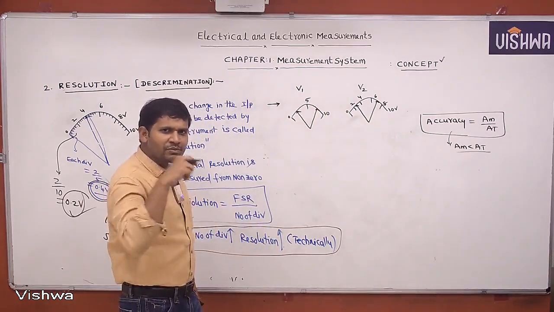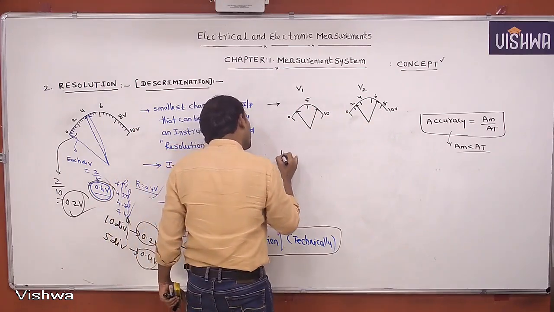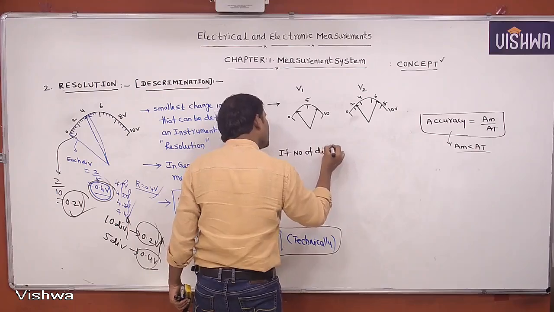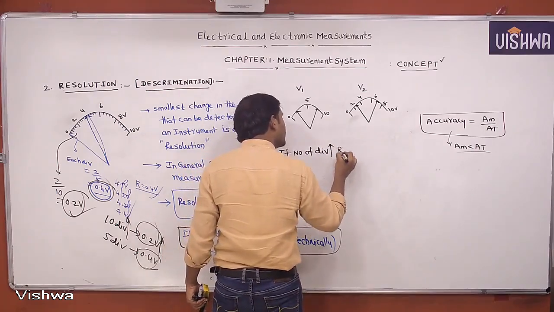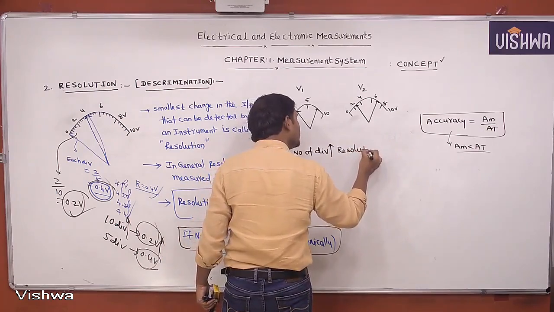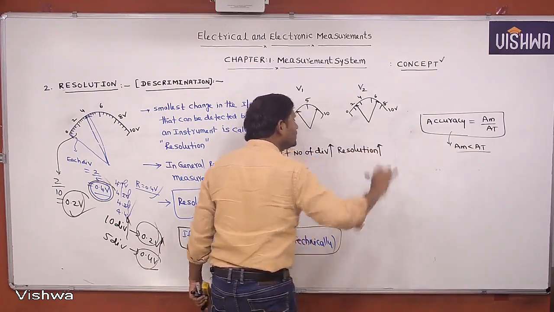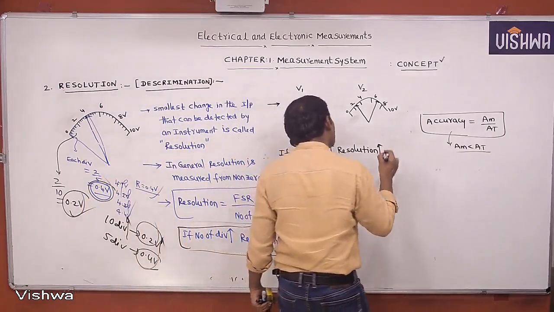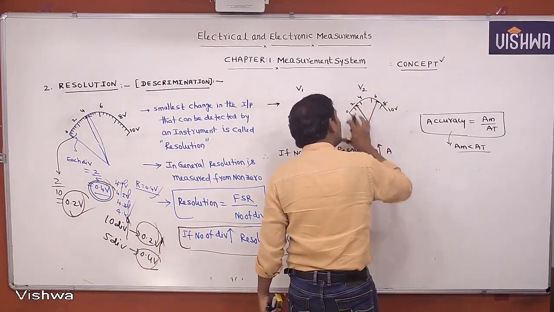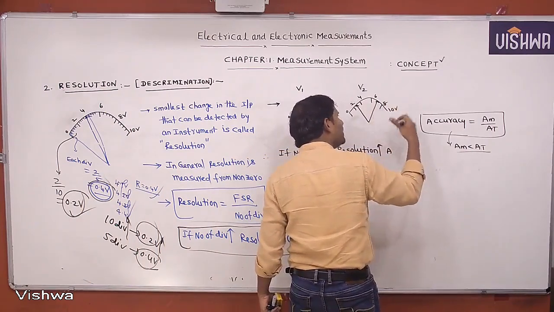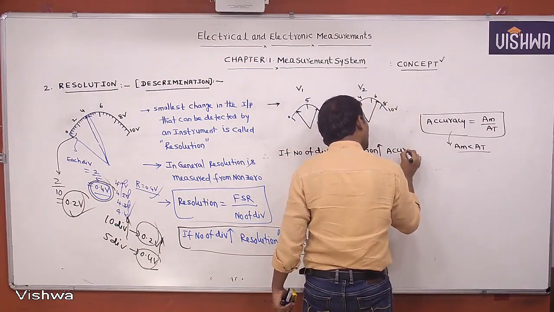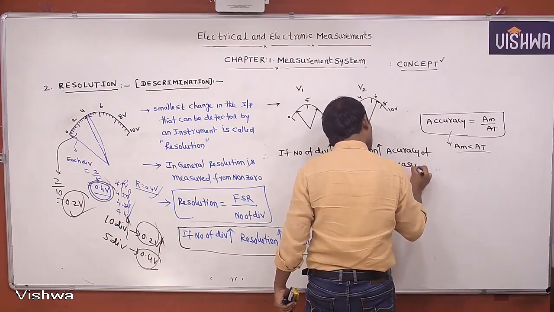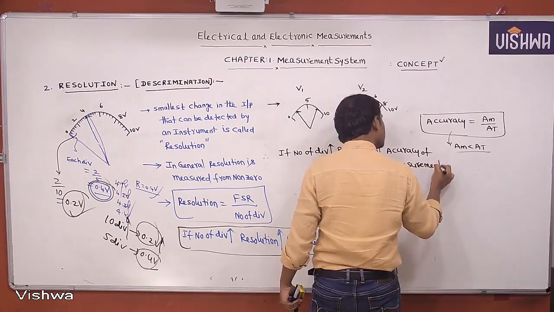What is the observation here? If number of divisions increases, what happens to the resolution? Yes, resolution increases. Then what about the accuracy of measurement? There are more divisions now, so we are measuring more accurately. Accuracy of measurement also increases.